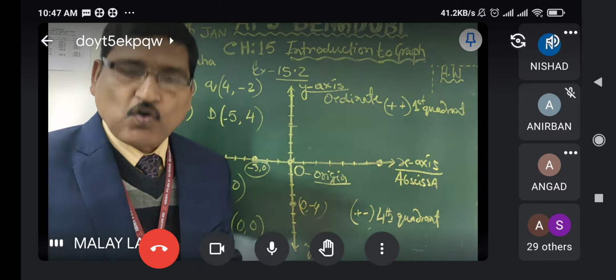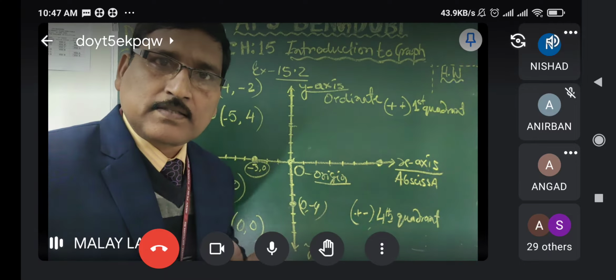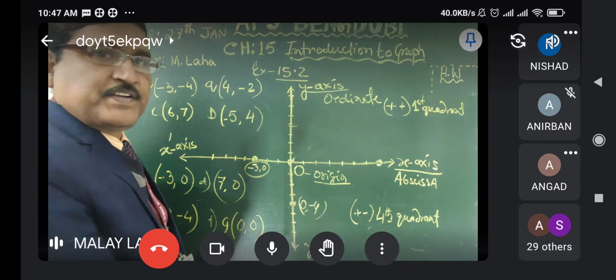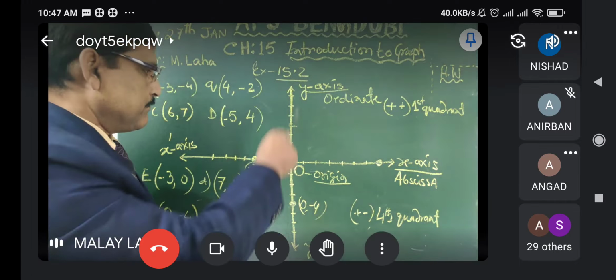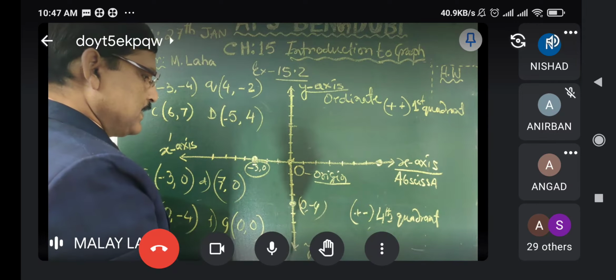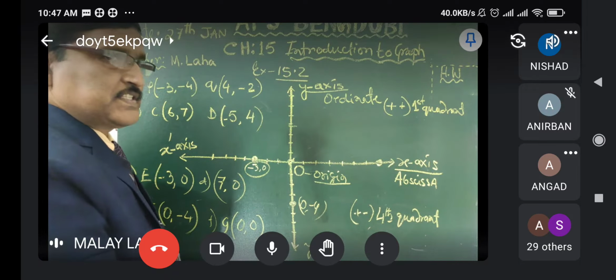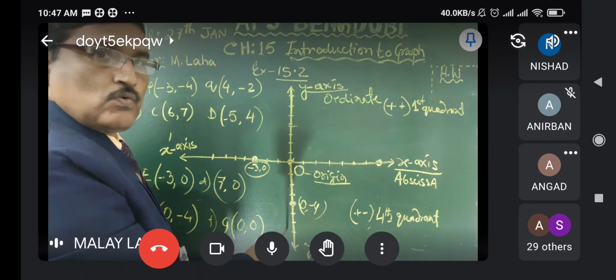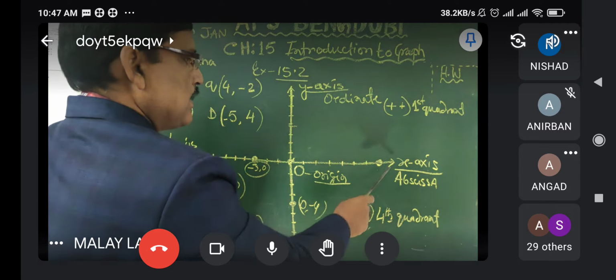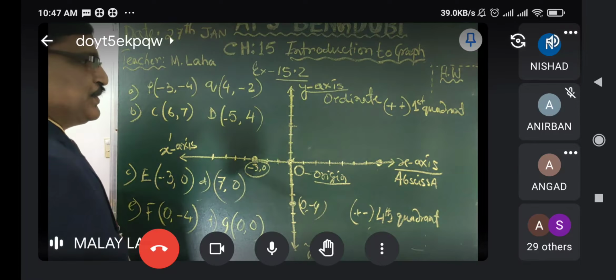Clear? So, what have we discussed? First, the Cartesian plane. It is segmented and marked on a centimeter scale. From the middle, I have drawn one line which refers to the y-axis, and this is the x-axis. Now the terminology.